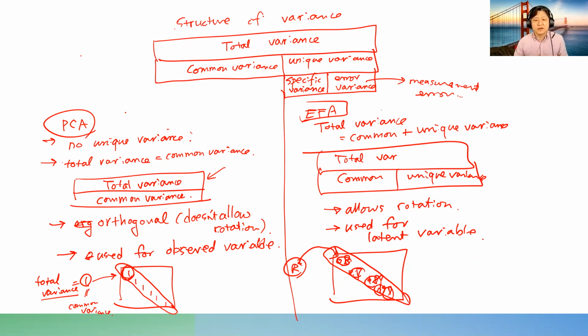But EFA or CFA are latent models, so they take into account the measurement error part. This is the fundamental difference between PCA and EFA. We'll talk more about EFA later, but this is the general overview. Okay, any questions?